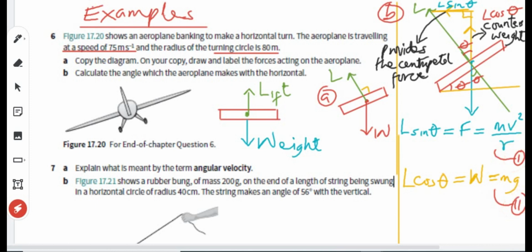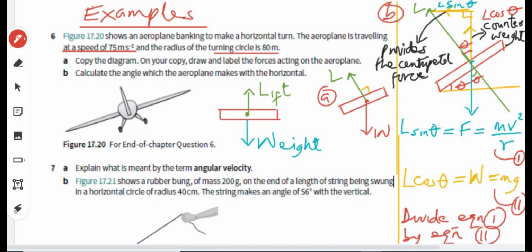There are several things that can be done to solve simultaneous equations, but the best thing here is to divide equation 1 by equation 2. Let me write it down here: divide equation 1 by equation 2.